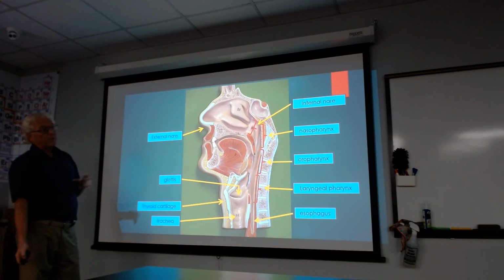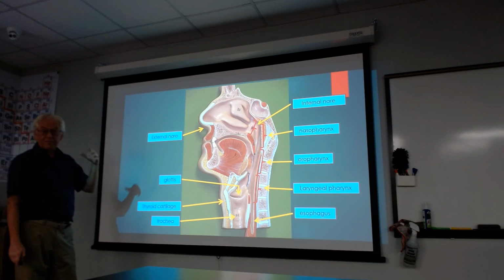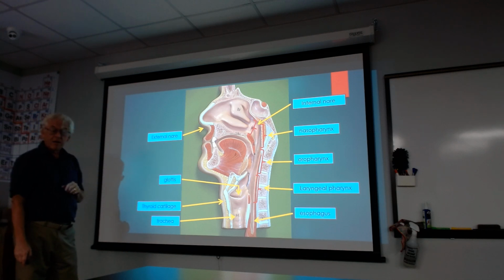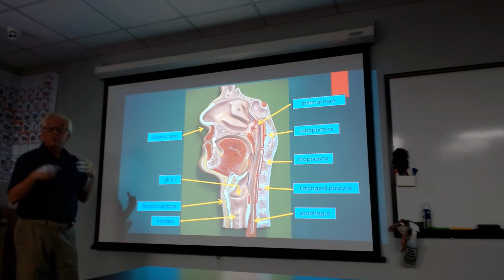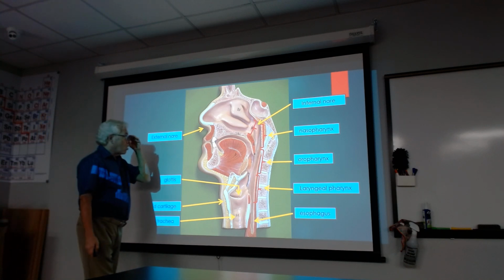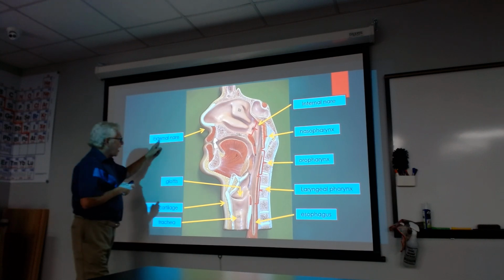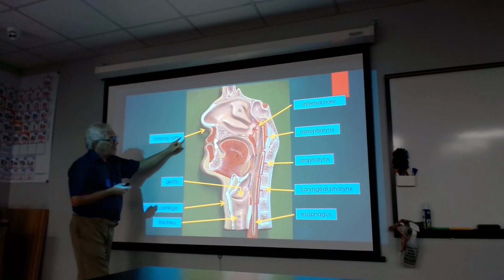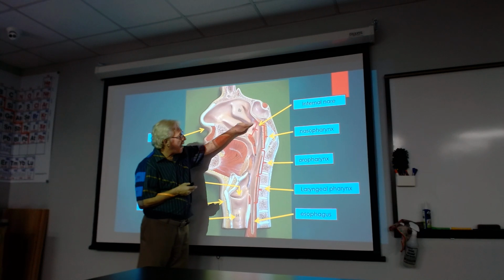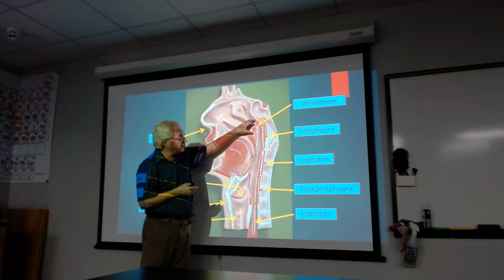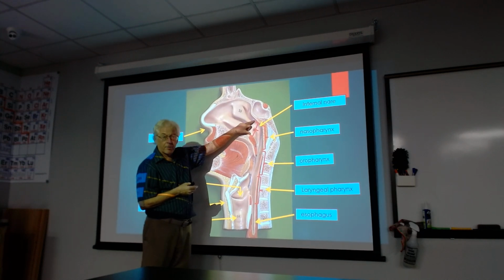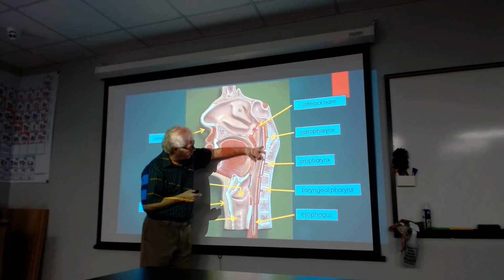Alright, okay, well now we can look at the same sagittal head, but in terms of, okay, what does this have to do with our respiratory system? Well, this hole in your nose is the external nare, and this big hole in the back of your throat from the back of your nose is called the internal nare, which leads to this tube.